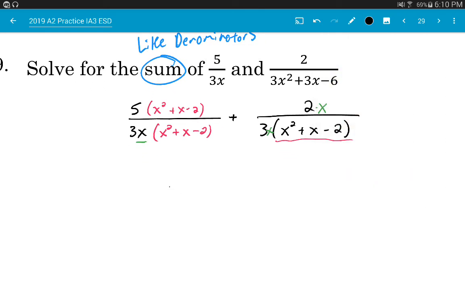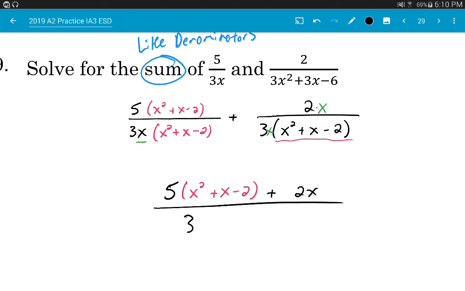So I'm going to get 5 times x squared plus x minus 2 plus 2x, all over the same denominator, which is 3x times x squared plus x minus 2.